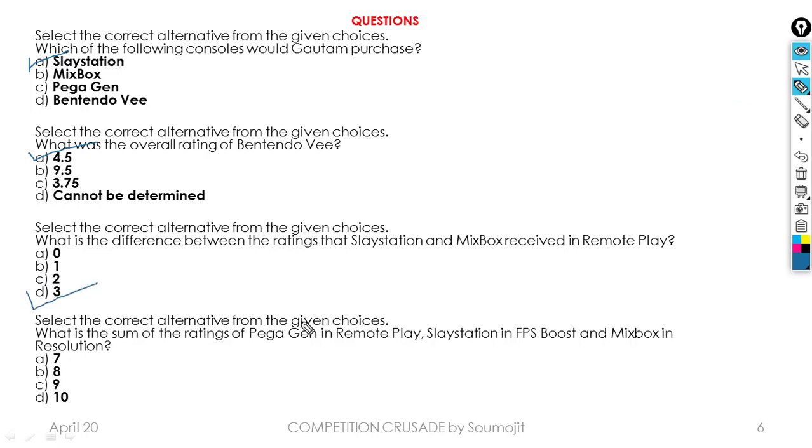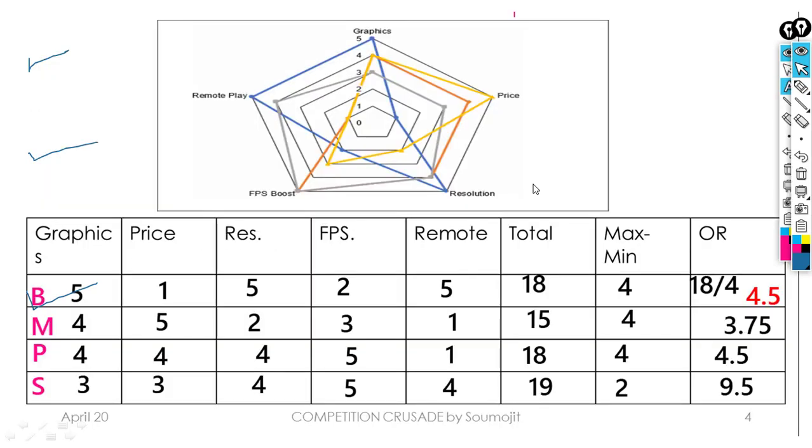Okay. And the last one is, select the correct alternative from the given choices. What is the sum of the ratings of Pegagen in Remote Play, Slay Station in FPS, and Mixbox in Resolution? So let us again go back to this one. Pegagen in remote control is this 1.